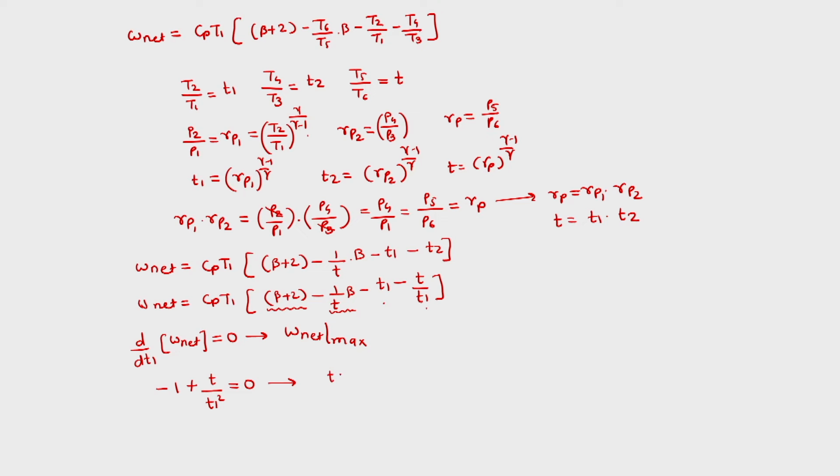This would tell us again that T1 is equal to square root of T. But we have T1 into T2 equal to T, so T2 is also equal to square root of T. So this is how we have got a constraint on the intercooler pressure.